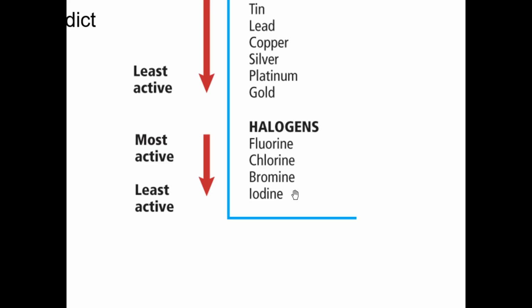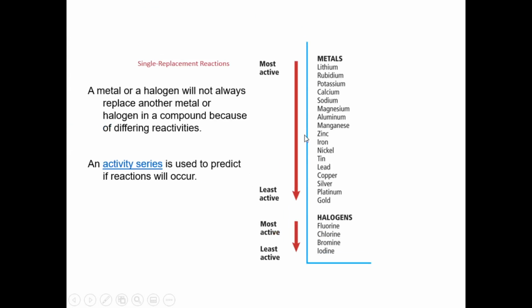If I wanted to replace chlorine with iodine, I couldn't do it because iodine's not reactive enough. If I wanted to replace iodine with chlorine, I could do that because chlorine's more active than iodine. And we have the same thing going on with the metals. This is called an activity series. We can use an activity series to predict whether reactions will actually take place.